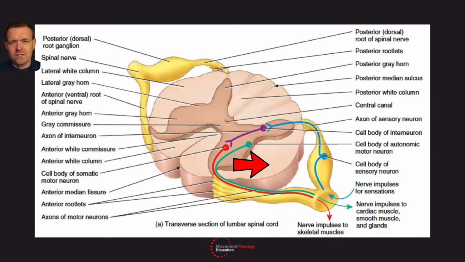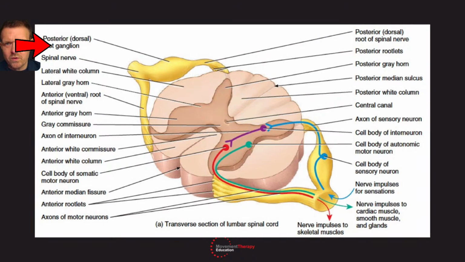Okay, so this bit here, this is a bit of a bulge in the nerve root. So any kind of collection of cells, or a thickening of an area, is often called a ganglion. Okay, so we've got that word up here. So this is the posterior or dorsal, and we'll talk about that when we get to the spinal cord a little bit in a next episode.